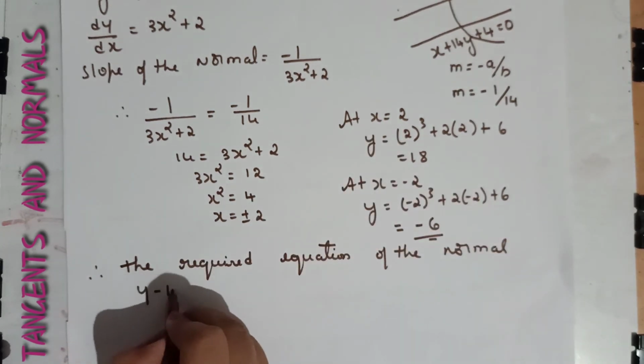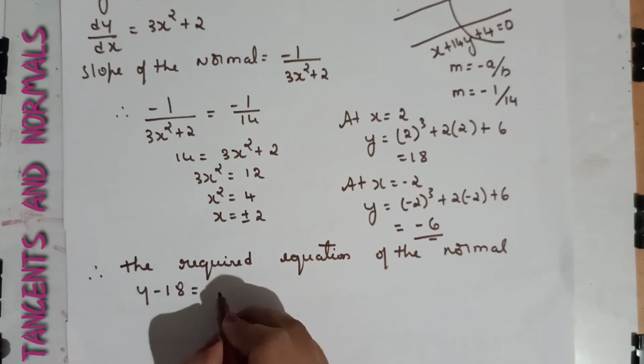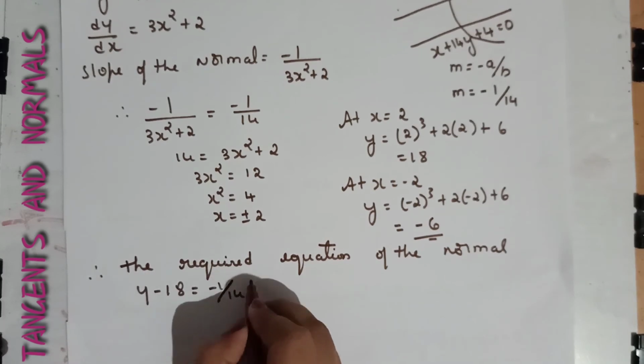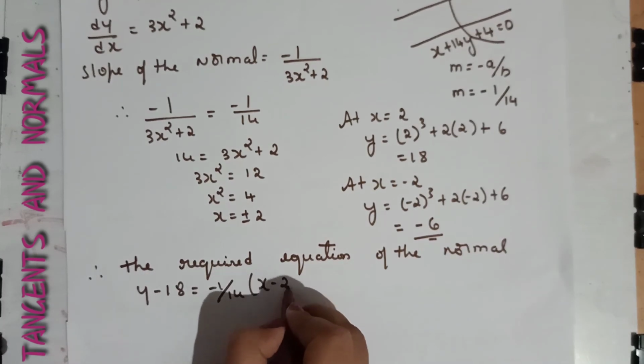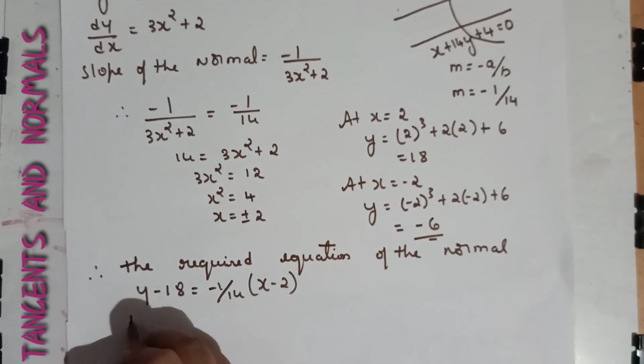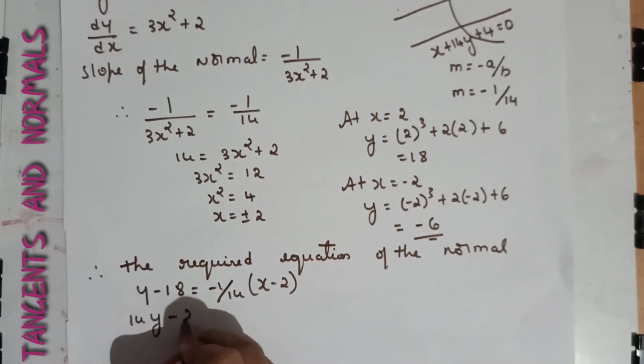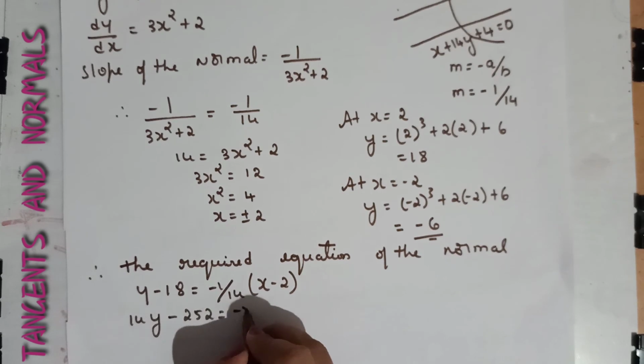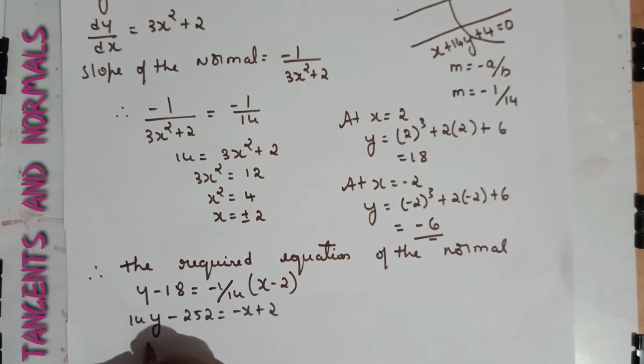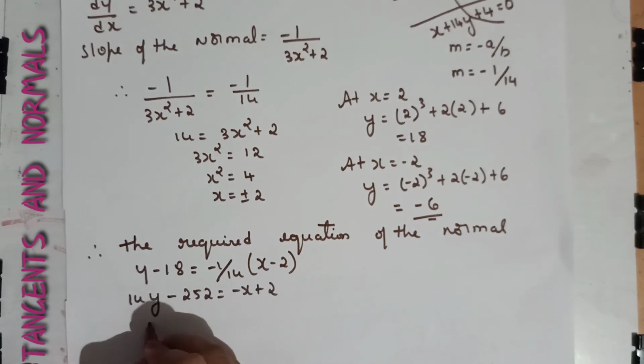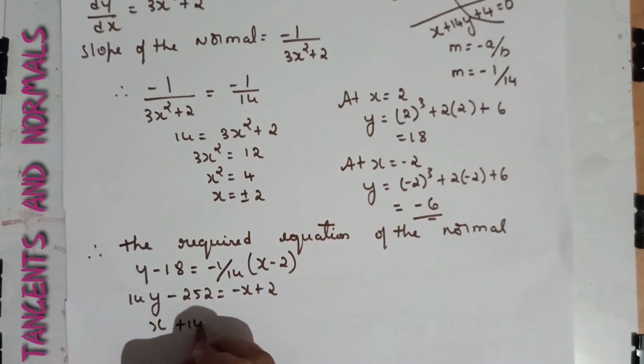So that will be y minus 18 is equal to minus 1 by 14 into x minus 2. Simplify the equation. 14y minus 252 is equal to minus x plus 2. Therefore, this will be x plus 14y minus 254 is equal to 0.